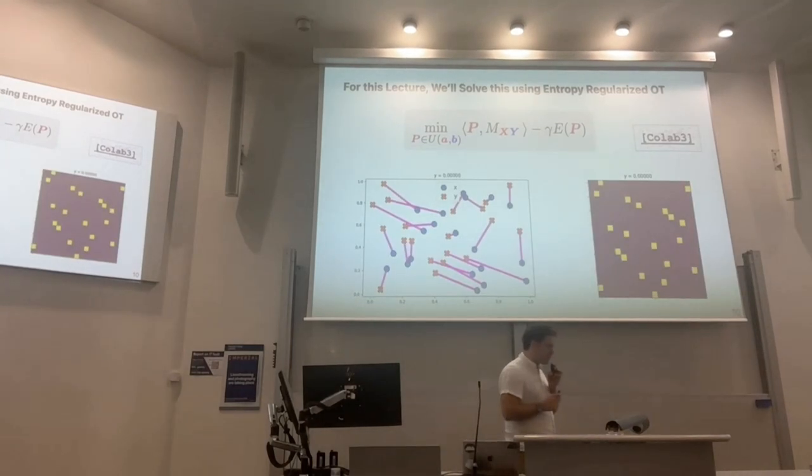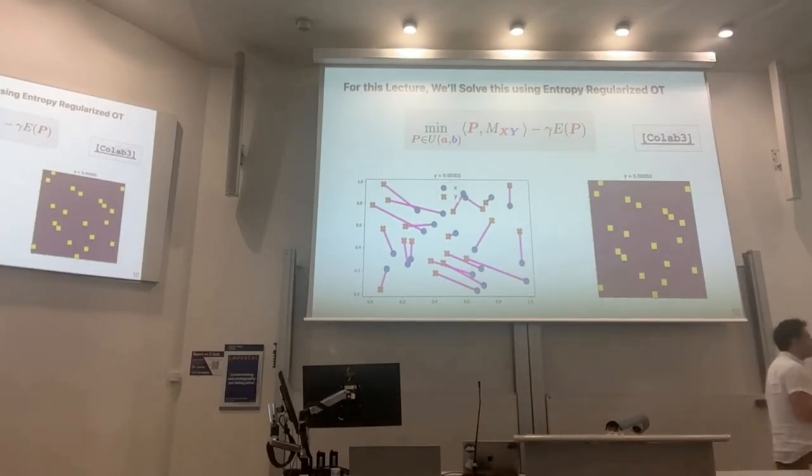As I mentioned, if you solve an optimal transport problem, you find this kind of assignment, which tells you that this starting point here is entirely connected to that one.